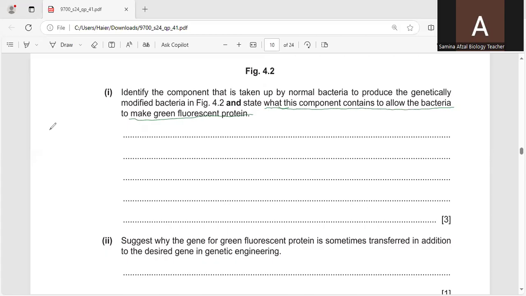The normal bacteria take up plasmids. Bacteria always act as vectors because they have plasmids.